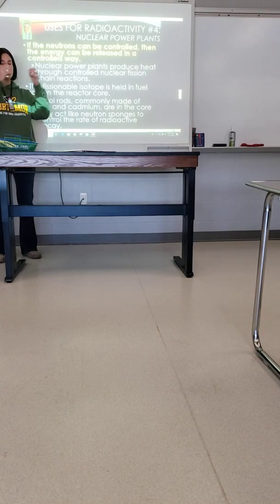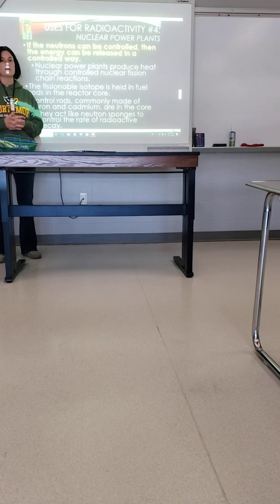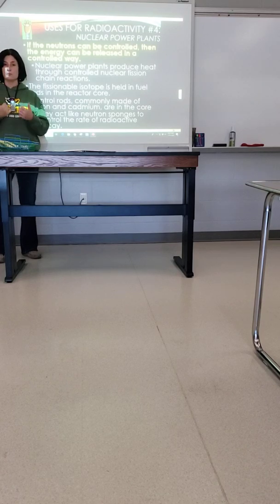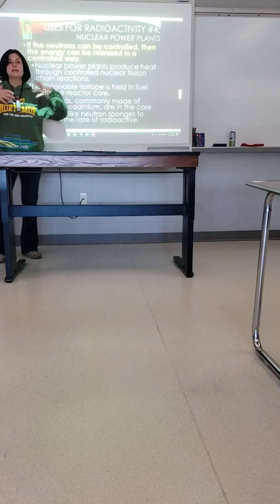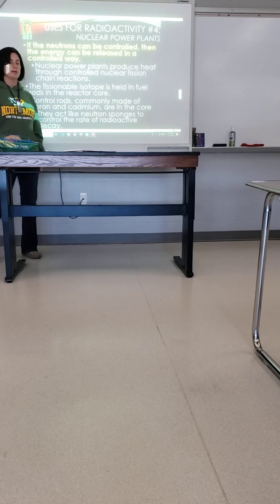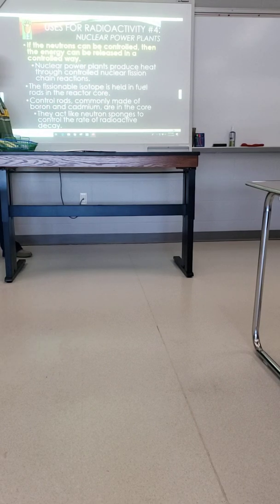You don't want just neutrons out there available to bombard all of the uranium. So if they can attract some of those neutrons, you can control the level of reactions that are happening, and it doesn't become an uncontrollable chain reaction that becomes out of control and deadly.